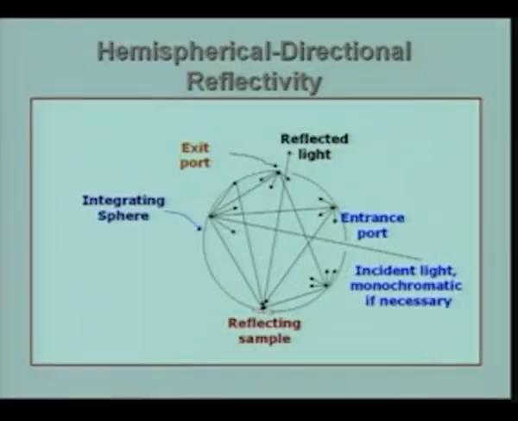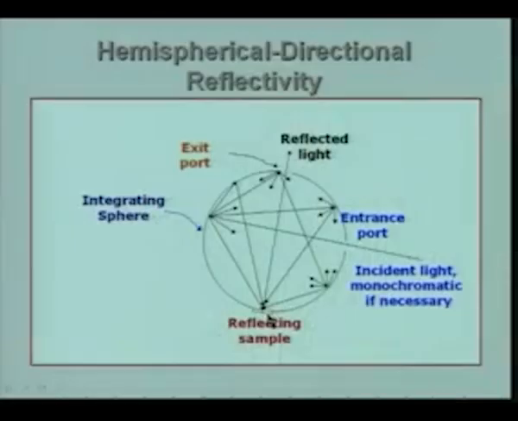Okay. So, what I am talking about is a device which, by its design, because you have a certain coating, certain high reflectivity as well as highly diffuse coating, is able to give you uniform illumination inside. Therefore, you can immediately see that if I put a reflecting sample at any one part of the sphere, a small hole I make and I introduce my sample, the radiation which is falling on it will be perfectly diffuse radiation falling on it.